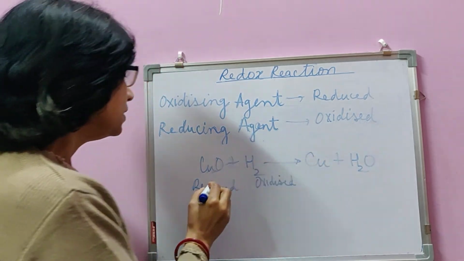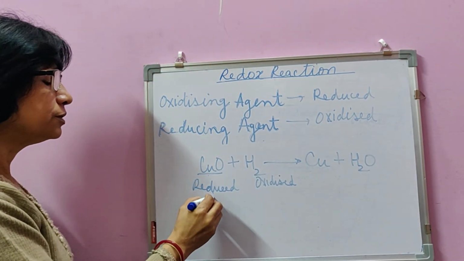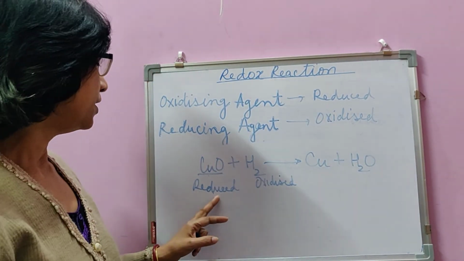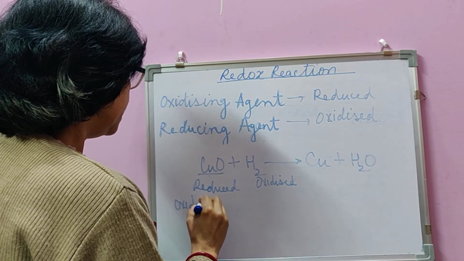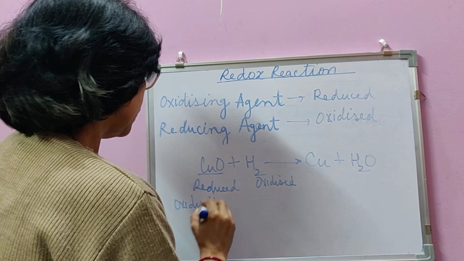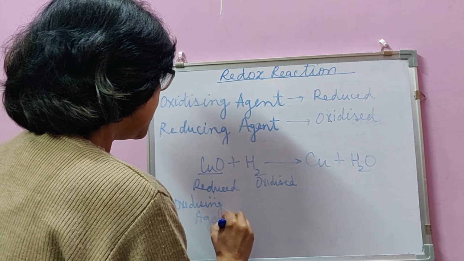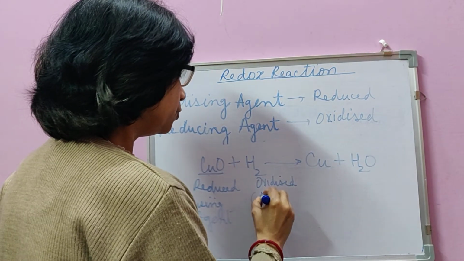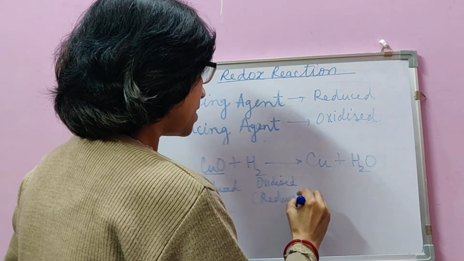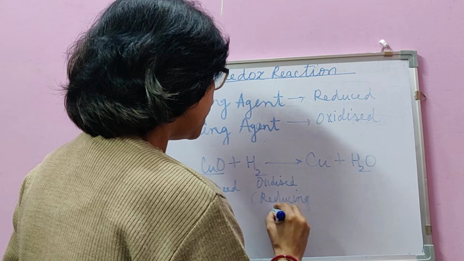And as cupric oxide is reduced, so for sure it is acting as oxidizing agent. Whereas as hydrogen is oxidized, so for sure it is acting as reducing agent.